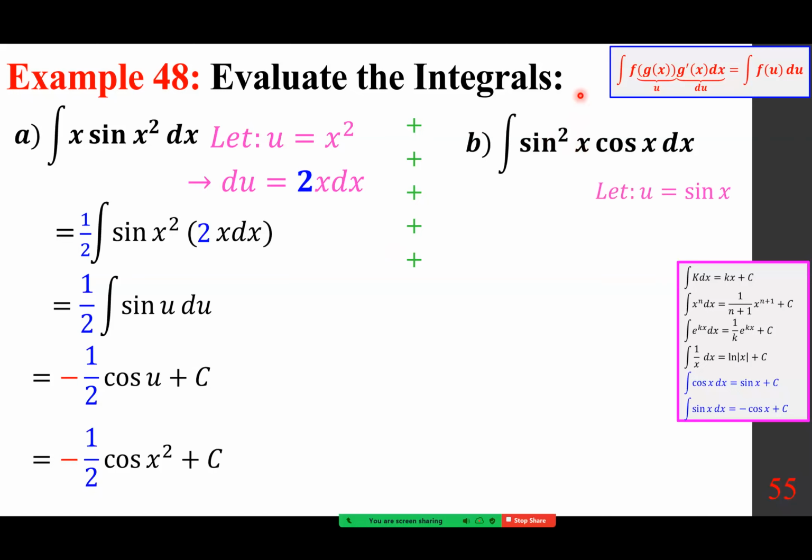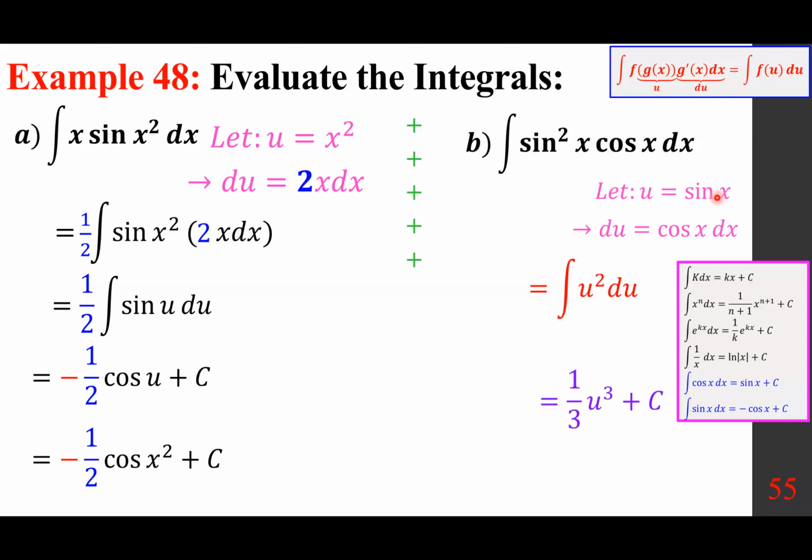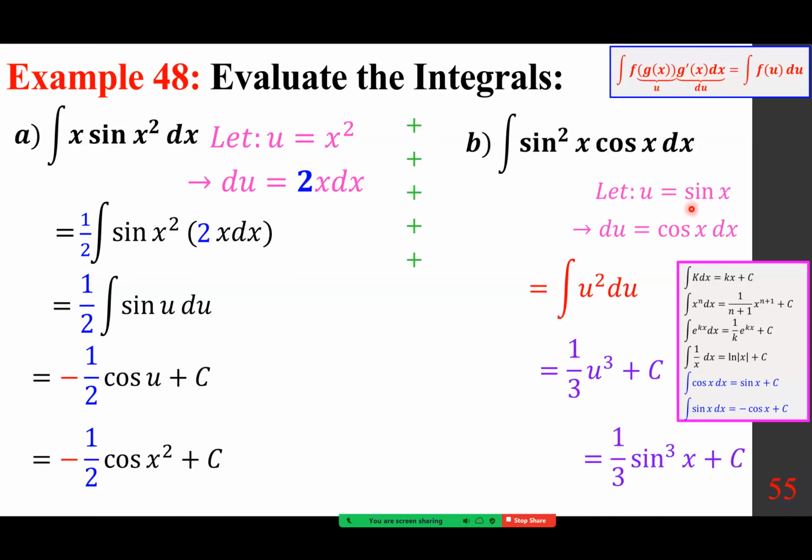The derivative is cosine x, so du is cosine x dx. And it's a simple case of the power rule, 1/3 u cubed plus a constant, where u is replaced by sine, and we are done.